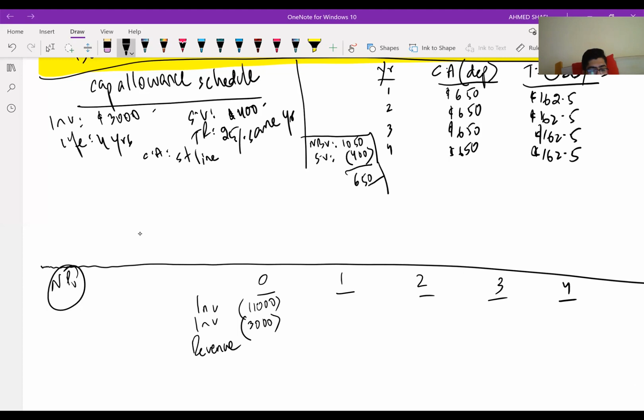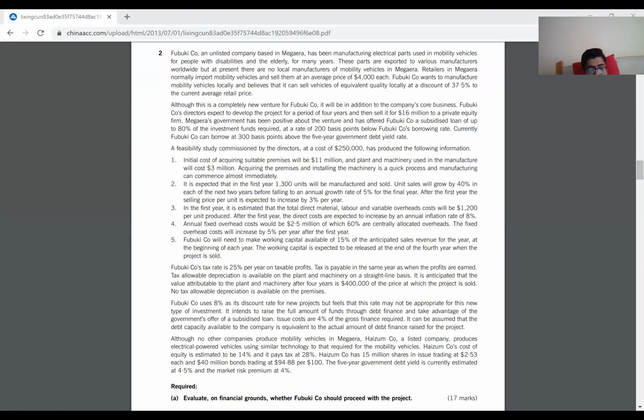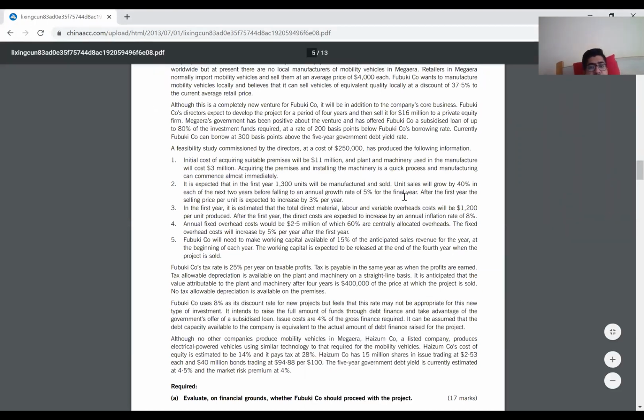You multiply it with units. Okay, that's 1,300 units. Makes 3,250. It's increasing by 3% every year. So increase it by 3% every year and multiply it with 1,820 units of second year, 2,548 units of third year, and 2,675 units of fourth year, because the sales volume will be 1,300 units in year one, then 40% in each of the next 2 years.